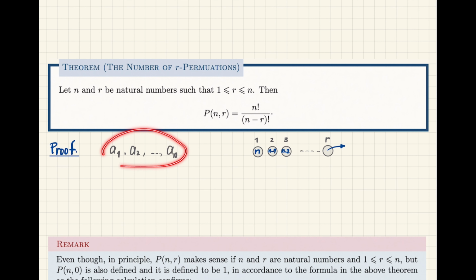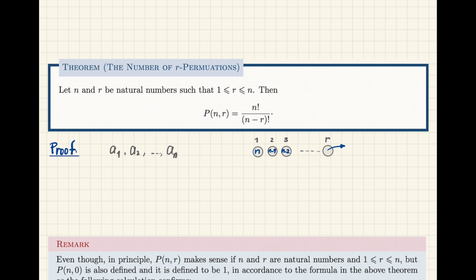I have n objects. I have r boxes. Each box can be filled with at most 1 and shouldn't be left empty. Okay? So assume that these are marbles, labeled marbles. How many options are available to fill the first box? I have n options available. I can choose any one of these marbles and put it in the first box, close it and put it aside.